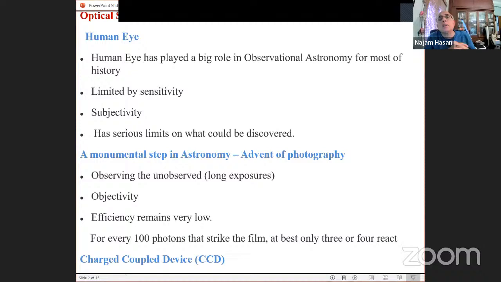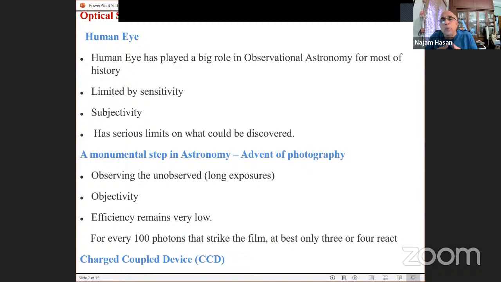The first one is the human eye. The human eye has played a very big role in observational astronomy for most parts of it, but it limits sensitivity. There's a limit to how faint we can see, and then the other issue is the subjectivity.